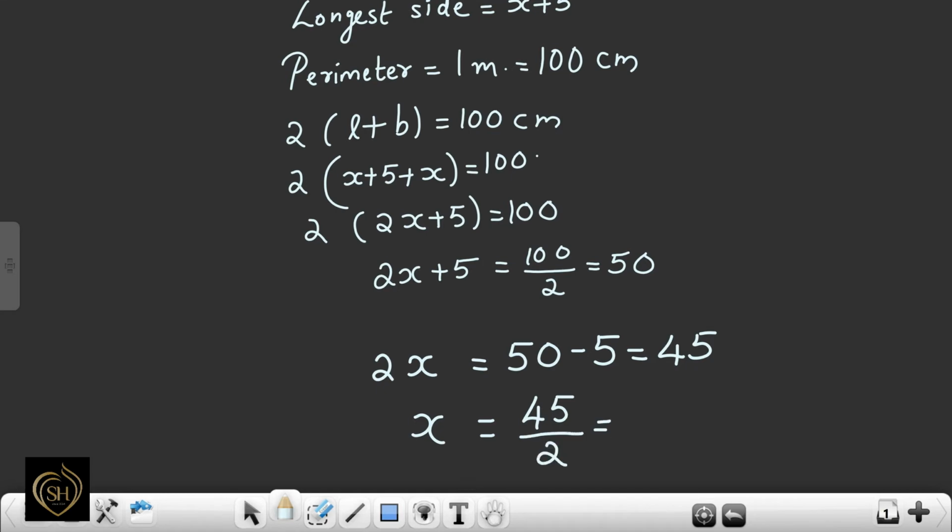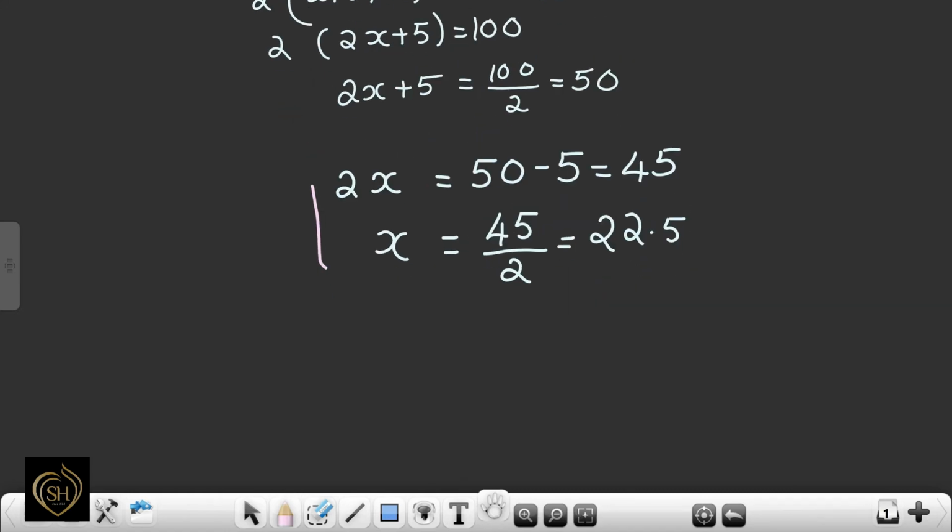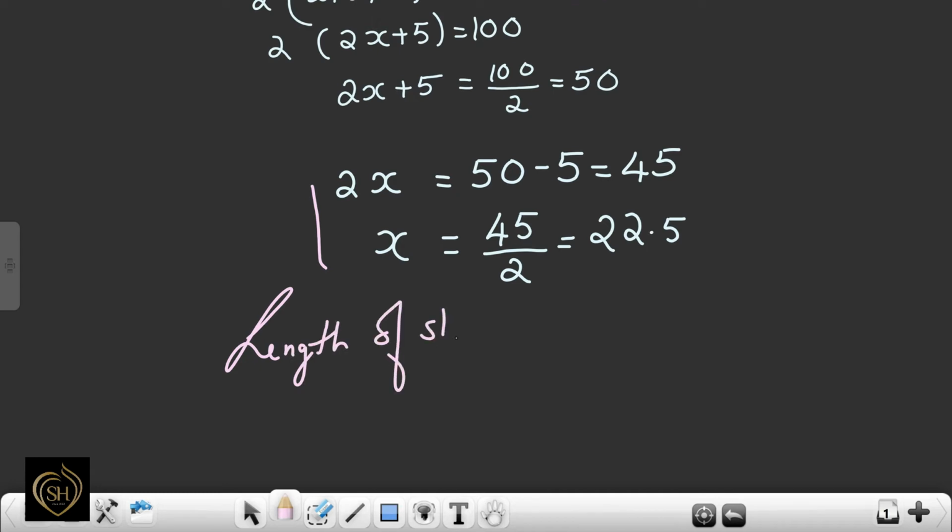We know that 45 by 2 is 22.5. So what is x here? x is the shortest side. So the length of the shortest side is equal to 22.5.